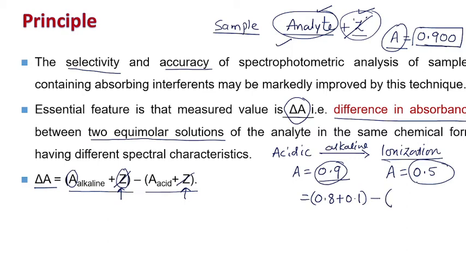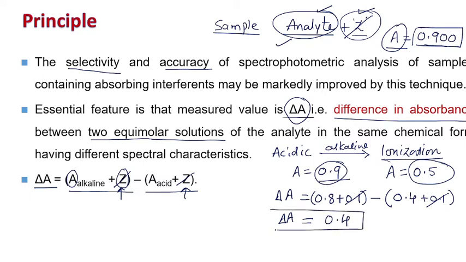And in case of this same drug of the same concentration prepared in the acidic pH, 0.4 is the absorbance of your drug and 0.1 is the absorbance of your impurities, or the interferents. So when I make a subtraction, this 0.1 and this 0.1 will get cancelled out and I will get a delta A, and in this case the delta A is 0.4.